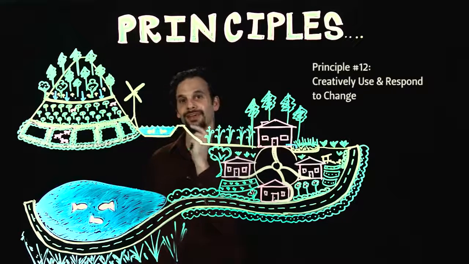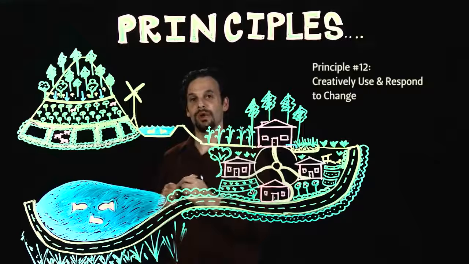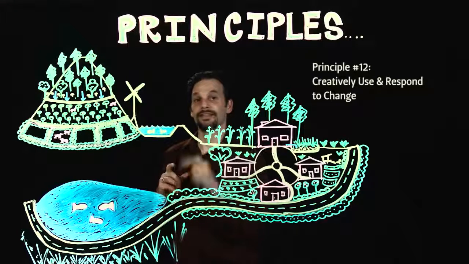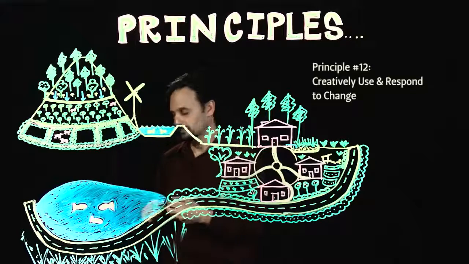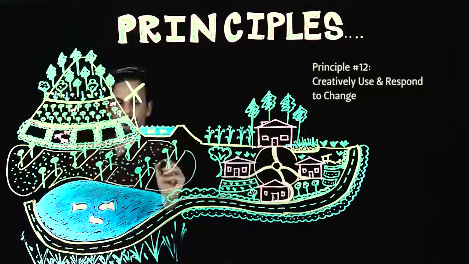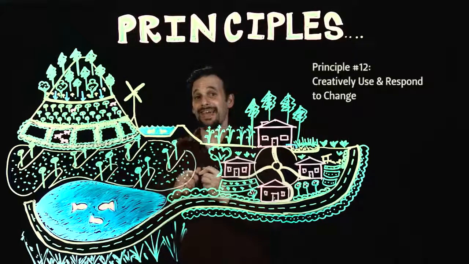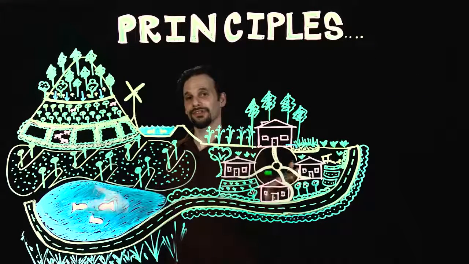Well, that wasn't what I planned, but I'm going to creatively use that change, and I'm going to carve out some low areas that'll stay really wet, which I can use to grow edible wetland plants, and then simultaneously build up these peninsulas full of edge to grow productive trees which will get their roots down in this water table. Wow, I didn't even see that yield coming, but there you have it, the permaculture principles in action.